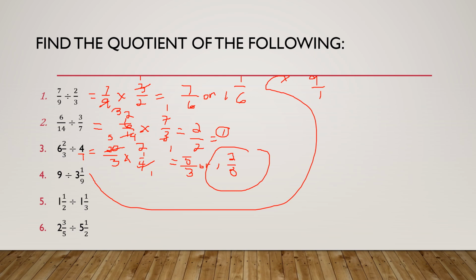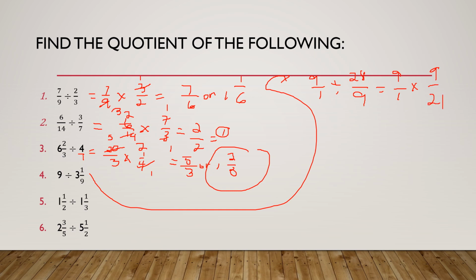So we have 9 times 3 is 27. 27 plus 1, 28 over 9. That will become 9 over 1 times 9 over 28.